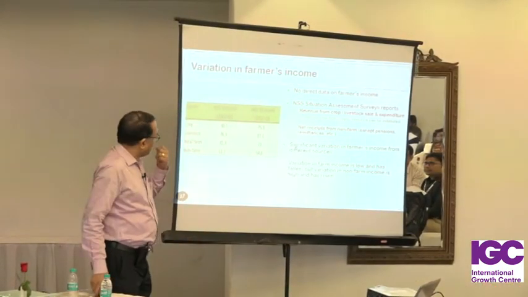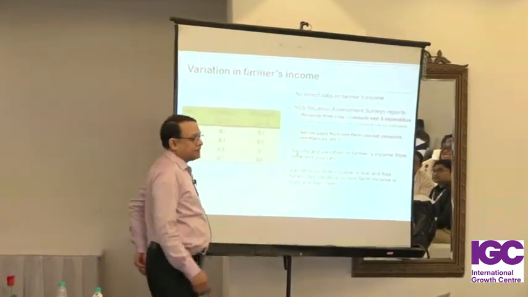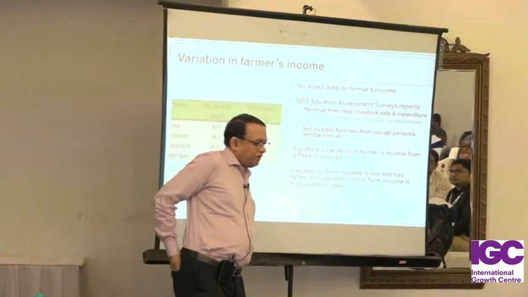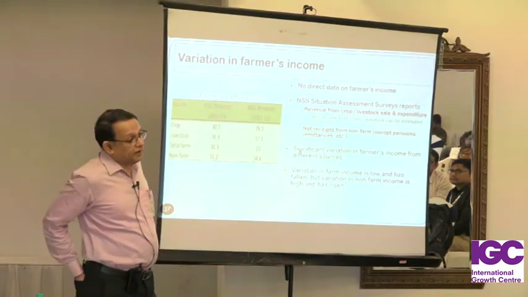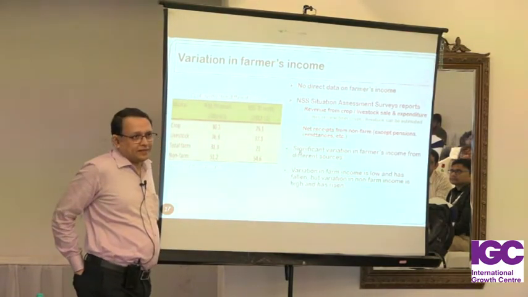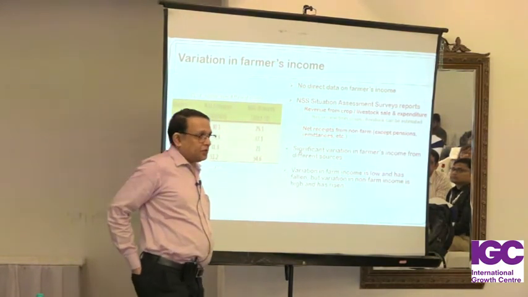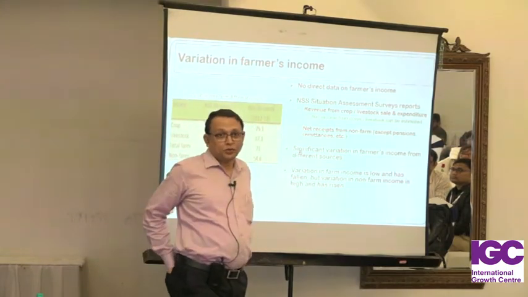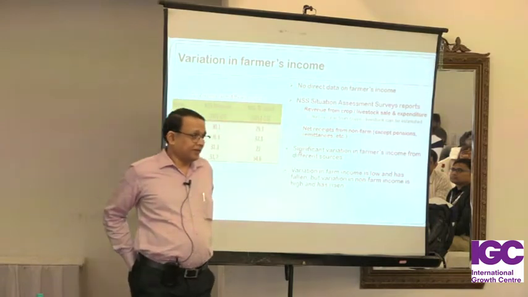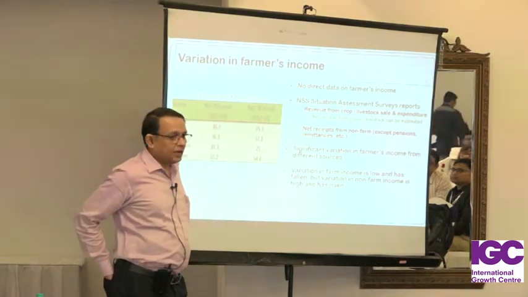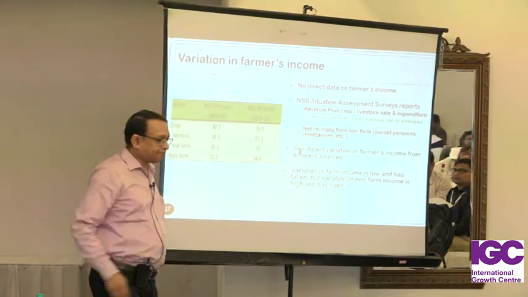So you can see this in terms of the farmer's income. First of all, measuring farmers' income is a major hassle because there is no data set. In fact, there is no data set on income distribution in India, let alone farmers' income.